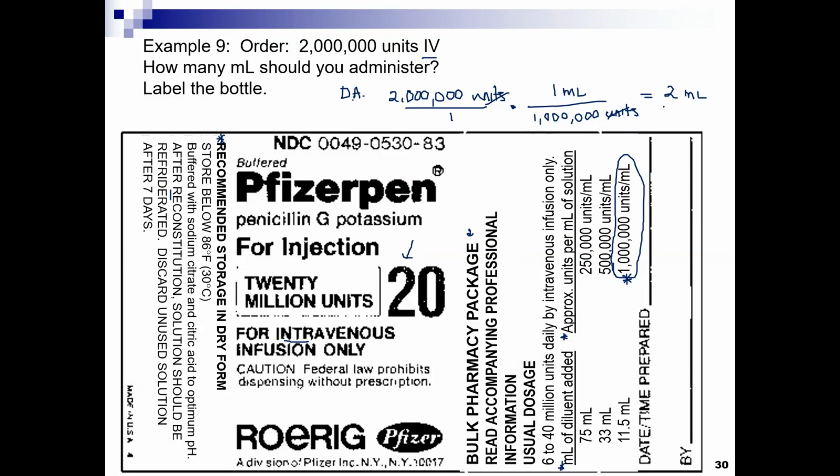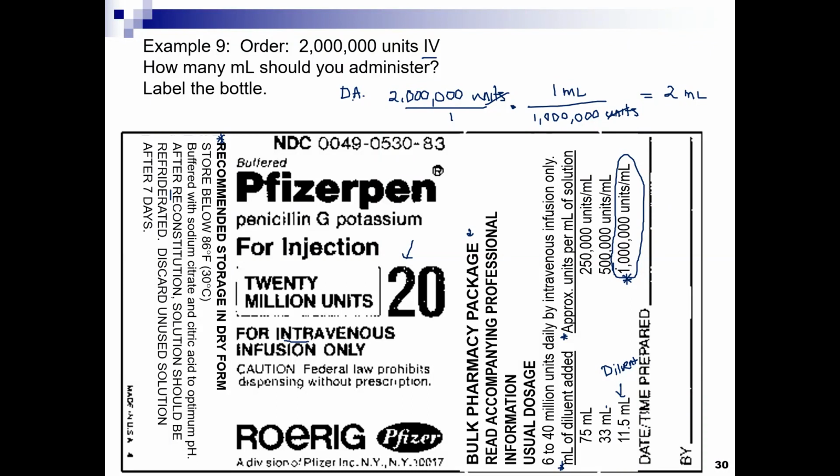Now, we're not done because we need to label the bottle appropriately and we need to understand what's on this bottle. This 11.5 would be the diluent that we added. When we got the med from the pharmacy, it was in powdered, dry form. We would have measured out 11.5 milliliters, added it, shook it up, and then we would have had the strength of 1 million units per milliliter.